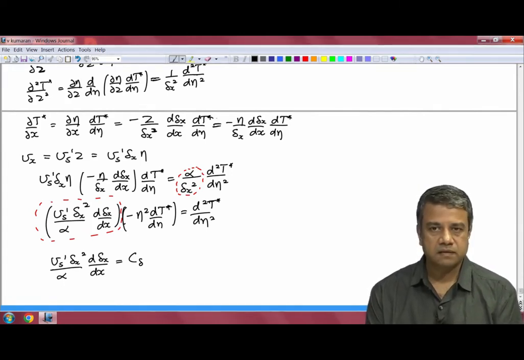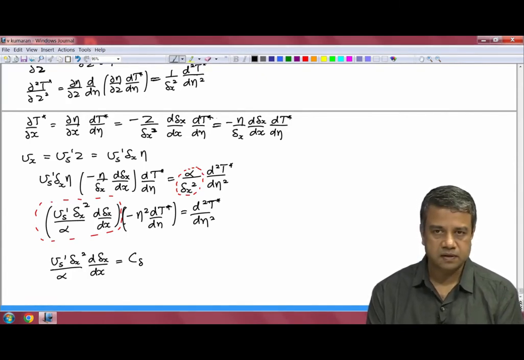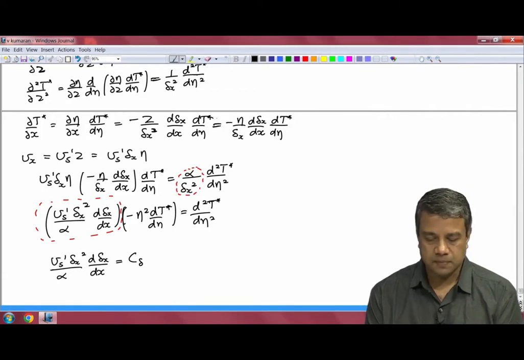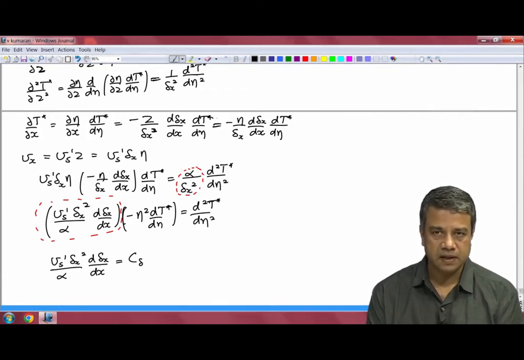It turns out that the value of this constant does not matter. I will show you in a little while that the value of this constant does not matter. The temperature field expressed in terms of eta, the similarity variable, does depend on this constant. The temperature field expressed in terms of the original variables x and z does not depend on this constant.